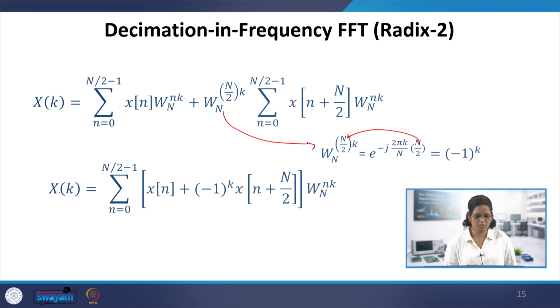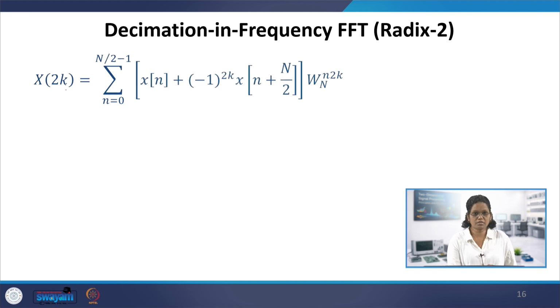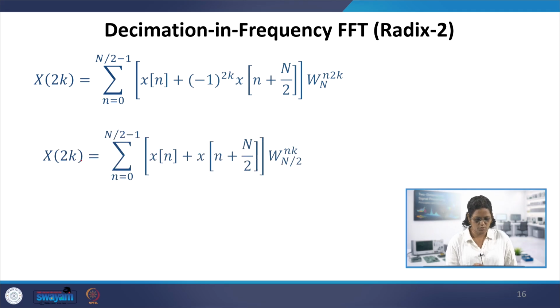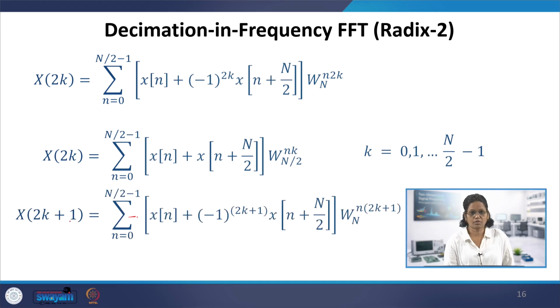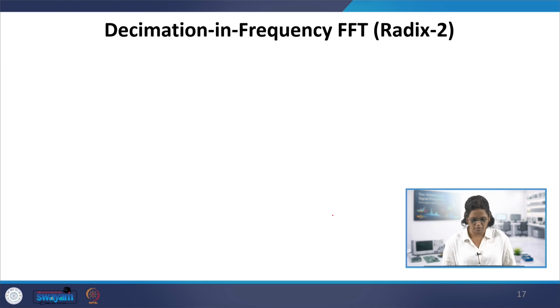Now we do this decimation. If we replace k with 2k, then here also it becomes 2k. That's the only difference. In the 2k equation, this term becomes positive, minus 1 power k equal to 1. Similarly for 2k plus 1, which covers the odd samples, n varying up to n by 2 minus 1, we will get the negative if we simplify it.